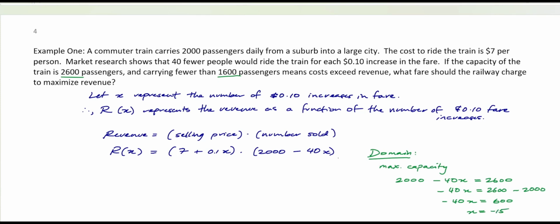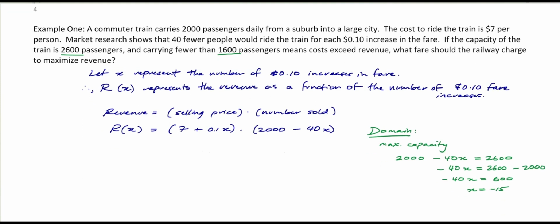And as you can see right here, I end up with a negative x value. Well, how could we have negative increases in fare? I think you can probably work it out. A negative increase in fare just means a decrease in fare.